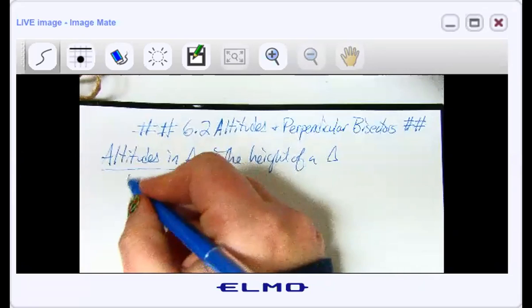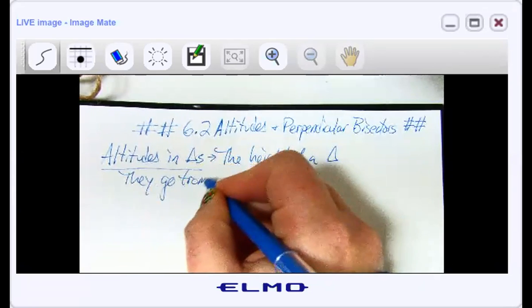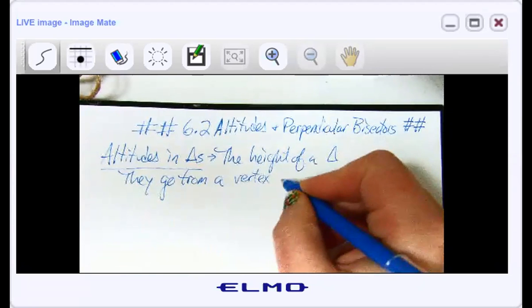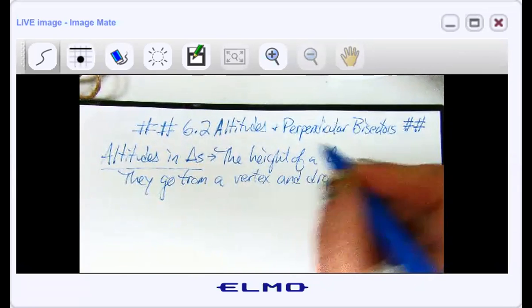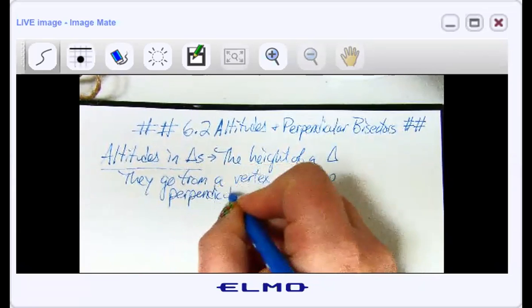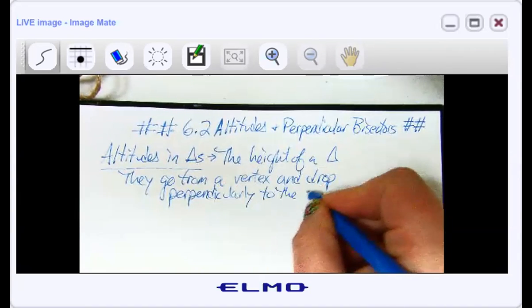So they go from a vertex and drop perpendicularly to the opposite side.